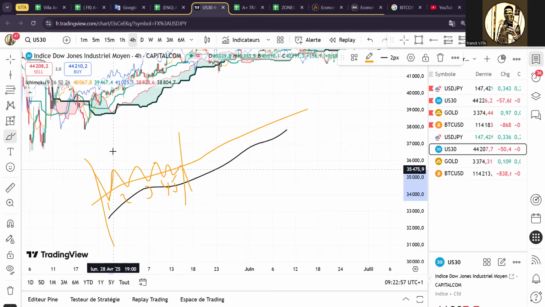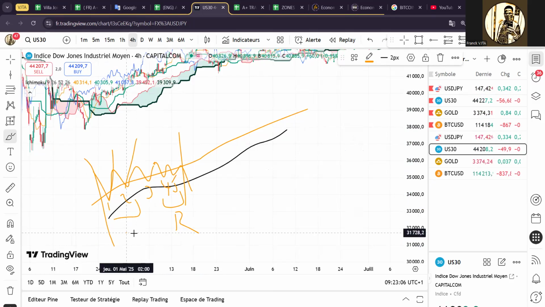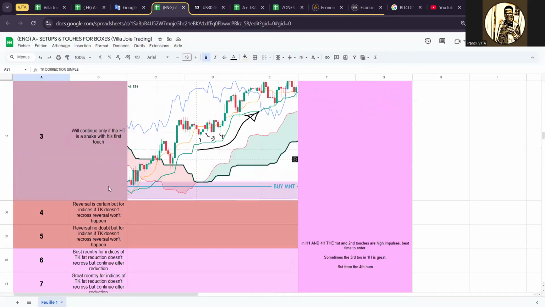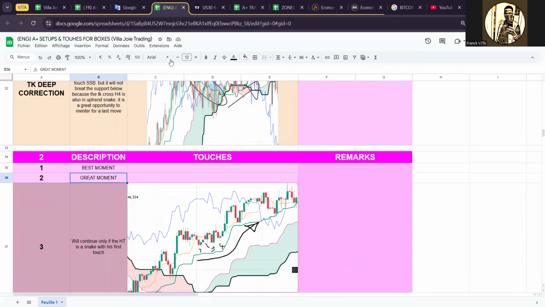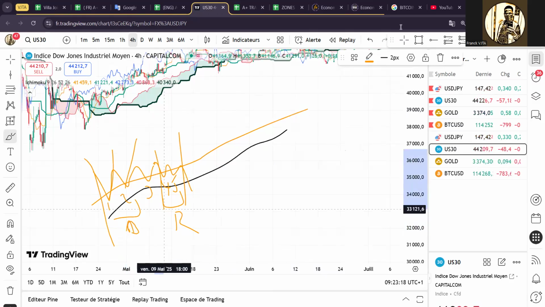The first one can be very long, the second one very long, but from the fourth and the fifth, it will be a reversal one. But the first two will be continuity to the upside, the best moment to enter. That's why I call it the best, great moment, right? So you can separate it like this, and then you can restart with a sixth touch.